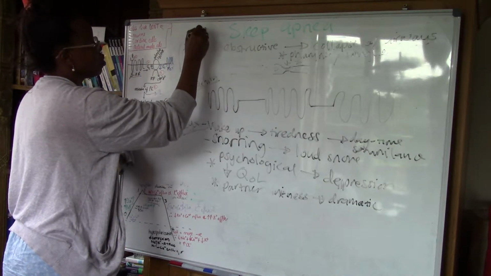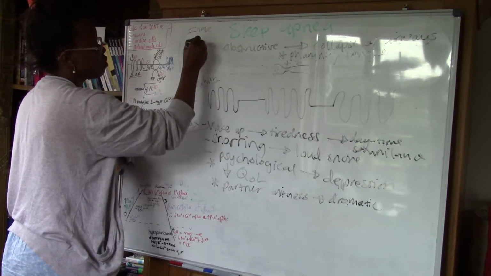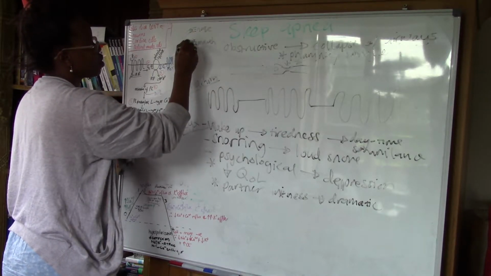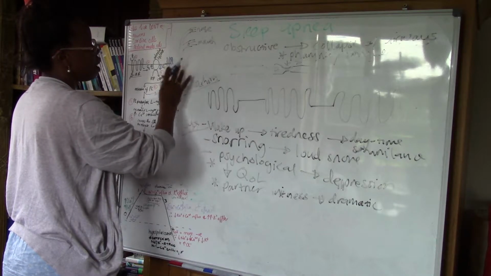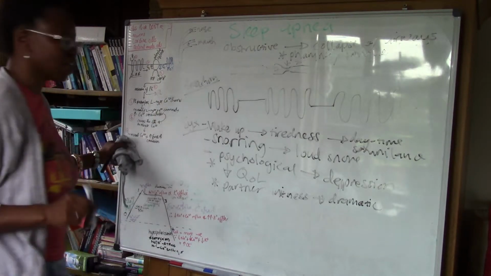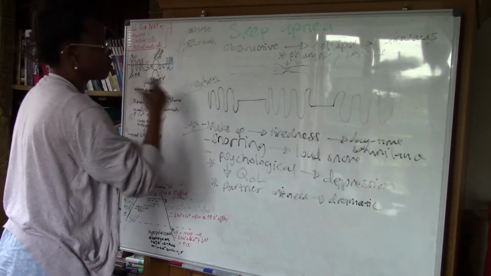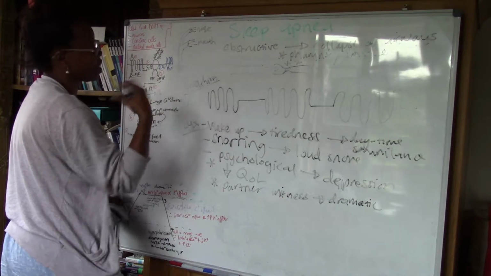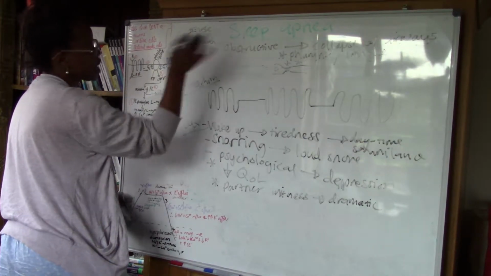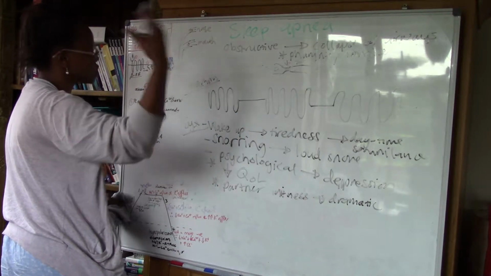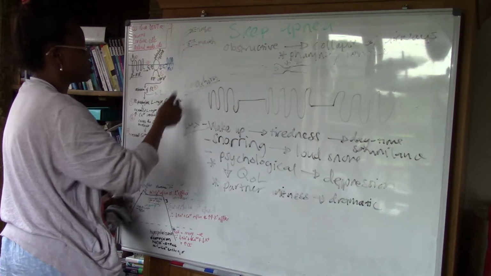So this will be the nose, this will be the mouth. So all that air that's coming in through the nose, or indeed through the mouth, goes through the pharynx in order to reach the larynx, trachea really first, and then the bronchi, the bronchioles, the alveoli to become oxygenated.